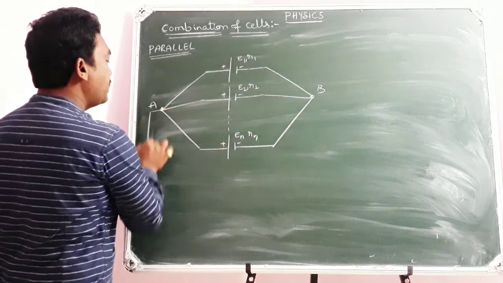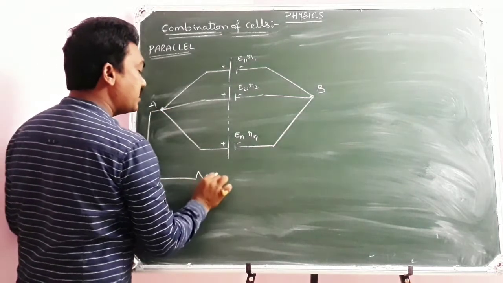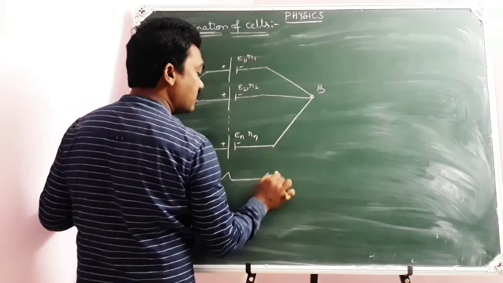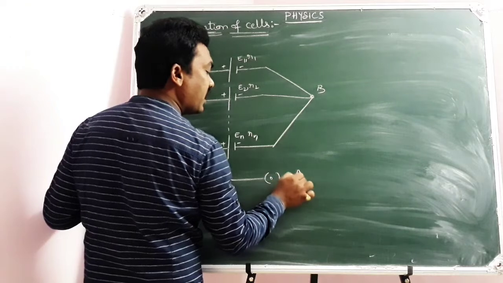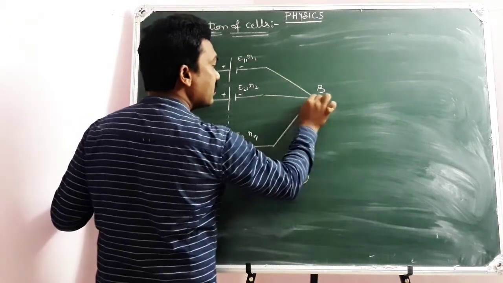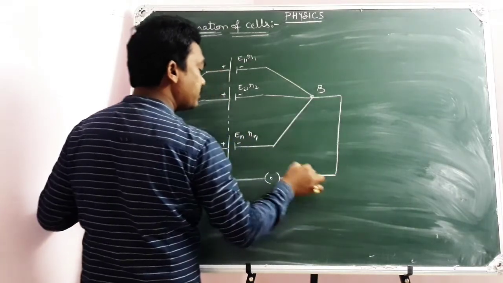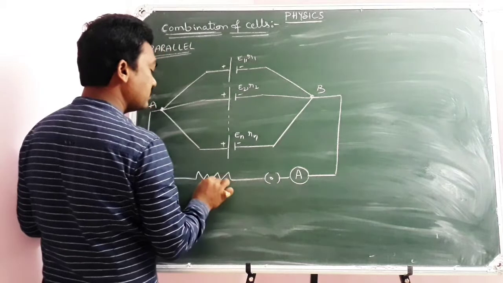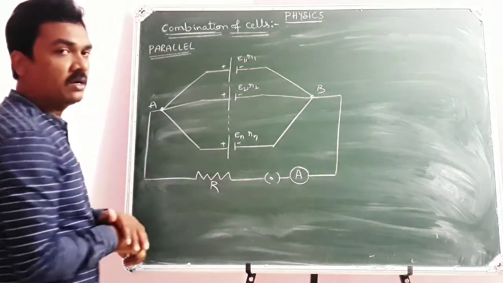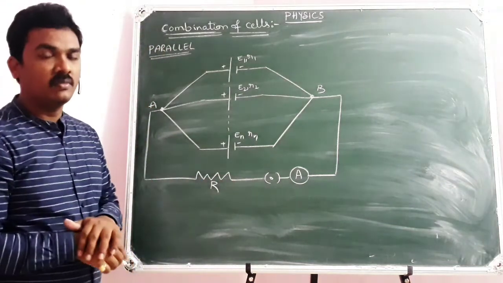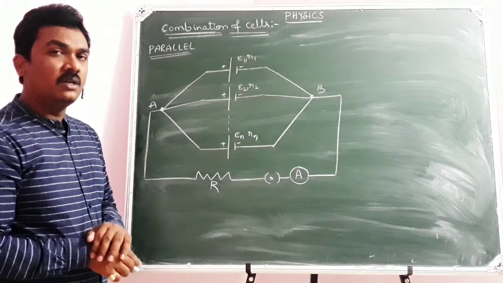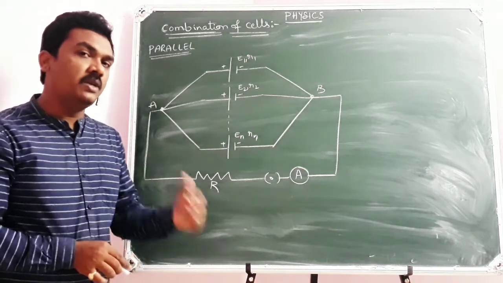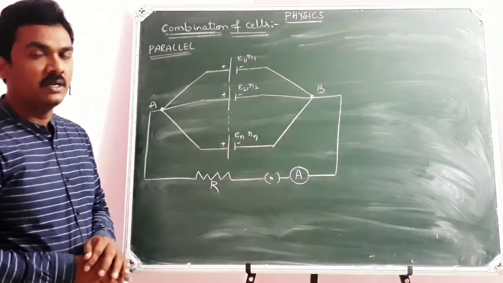This parallel combination of cells is given to an external resistor through a switch and ammeter in this way. So here is the parallel combination of cells you are seeing.